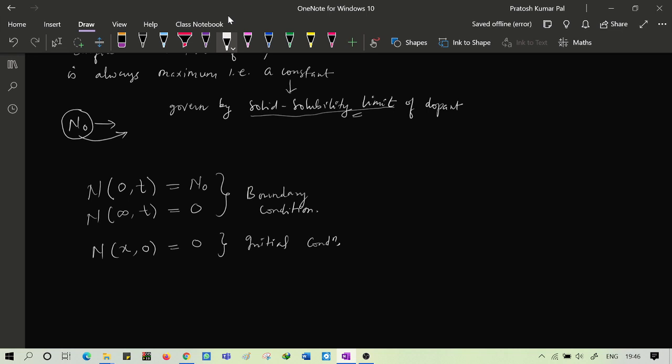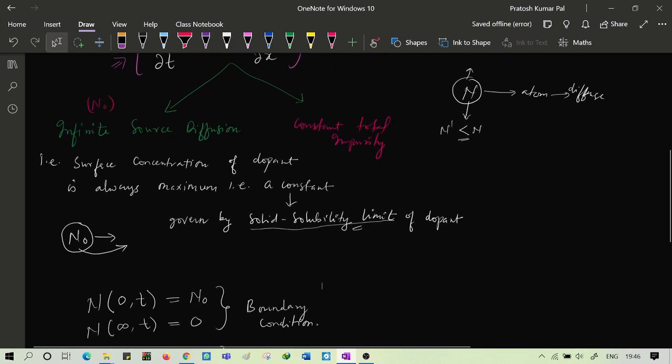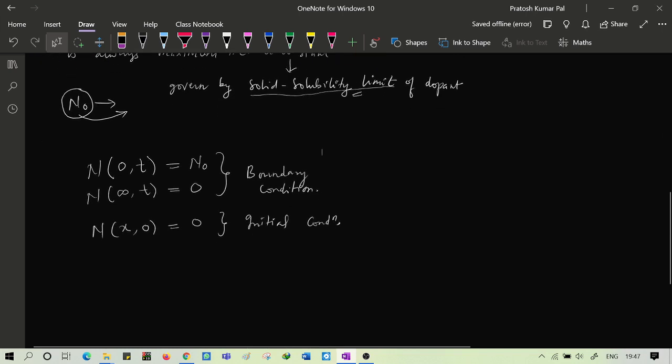So with respect to the initial condition and boundary conditions, and with Fick's simple law, we will find the relation.